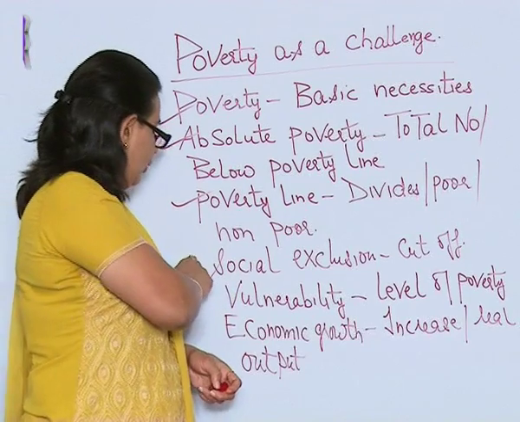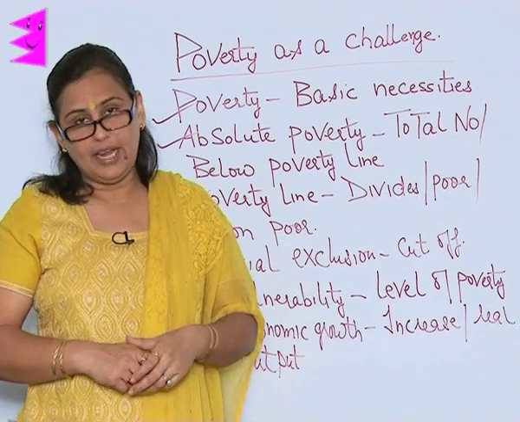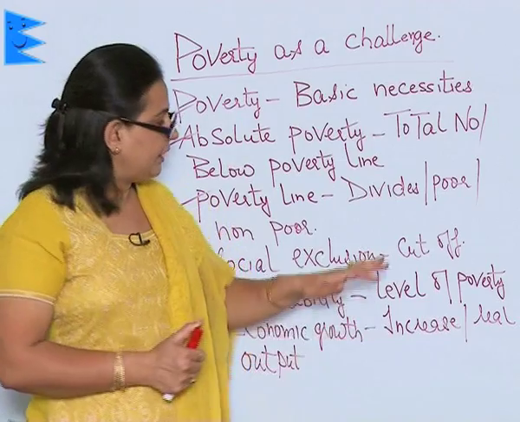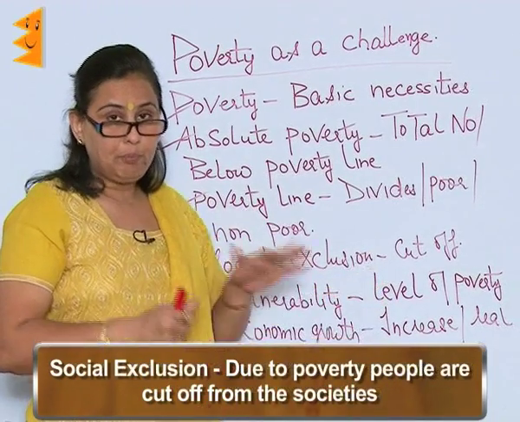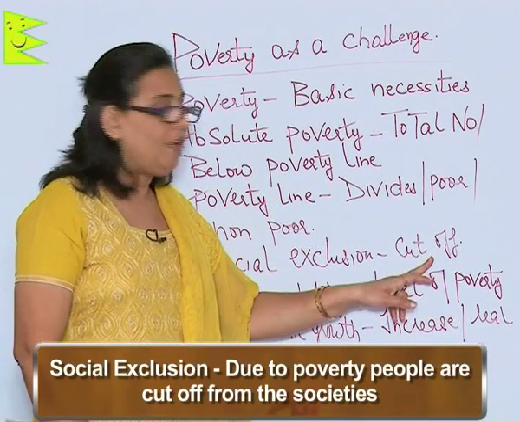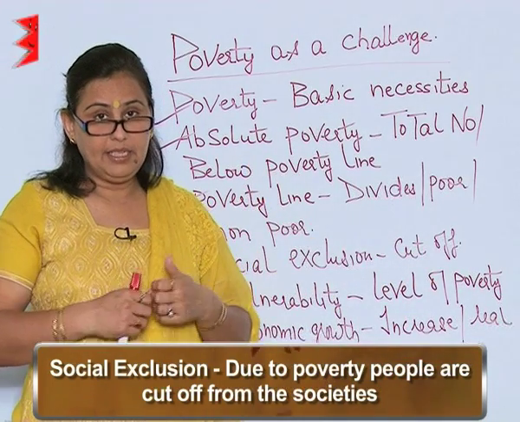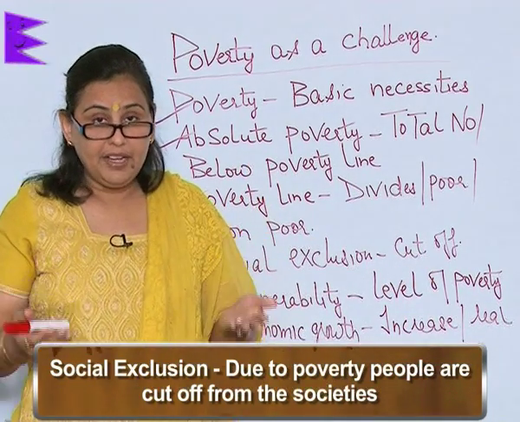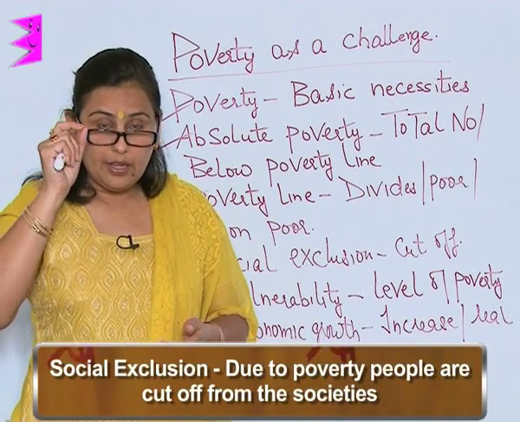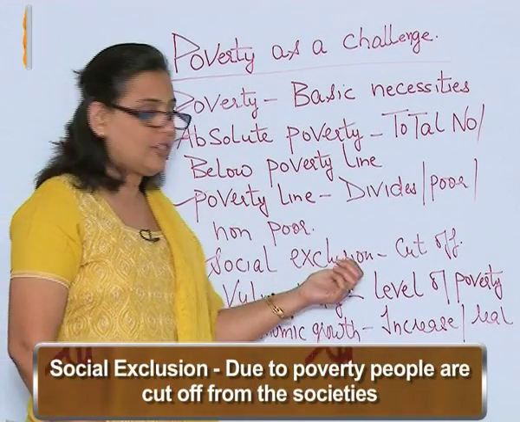Next is social exclusion. Social means of the society. Exclusion means excluded, out of it. This means that when people, due to their poverty, are cut off from the society, that is the basic amenities and various facilities that are being provided due to economic growth, due to money, that's called social exclusion.